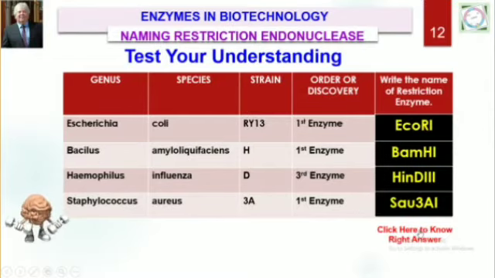Wow. If you have written in the same way as the answer has appeared, then you have understood perfectly well how to name a restriction enzyme. EcoRI, BamHI, HindIII, Sau3AI. This is an important question that is generally asked in examinations as well. Naming the restriction enzyme.